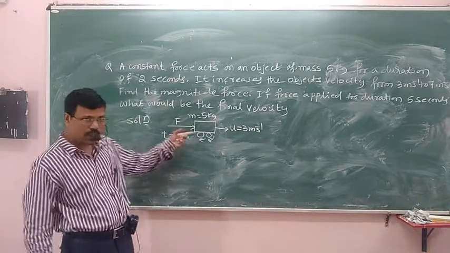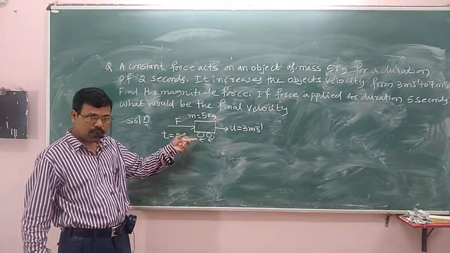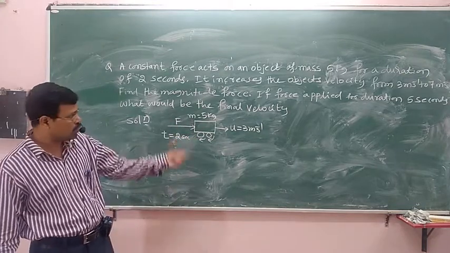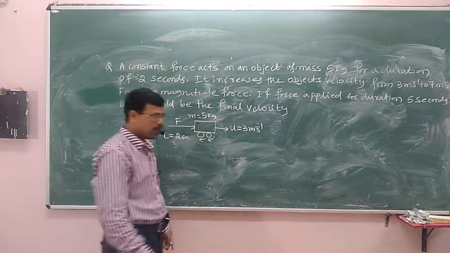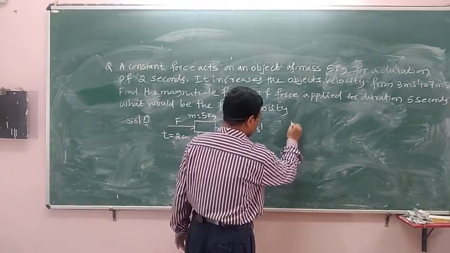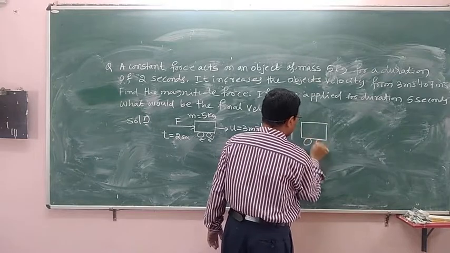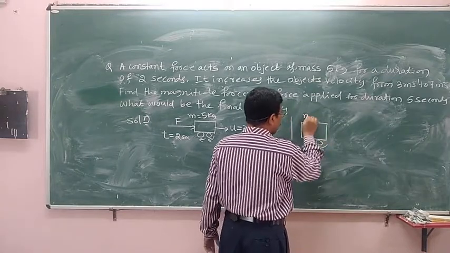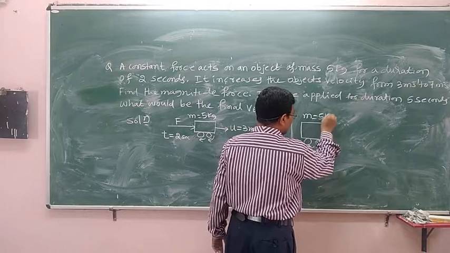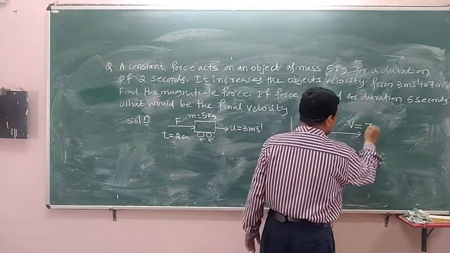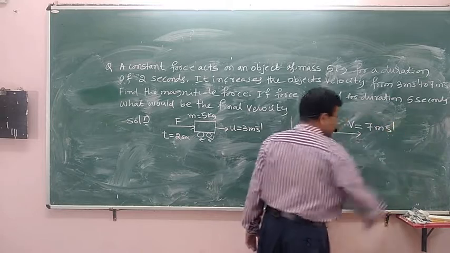When the force is applied, its velocity increases from 3 to 7 meter per second. The same object, the mass is the same, 5 kg only, and now its velocity is 7 meter per second.